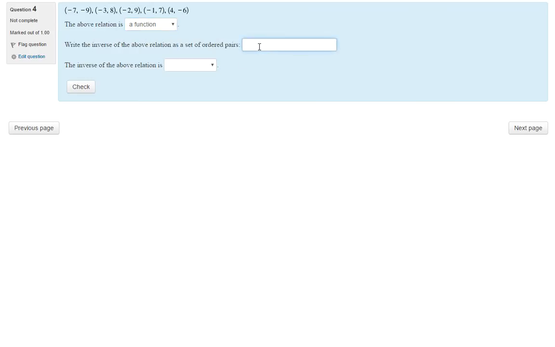Let's write the inverse of this function. I'm just going to reverse the x and y values for each of these ordered pairs. So the first one becomes -9, -7. Going to put commas between each one. Next one becomes 8, -3.